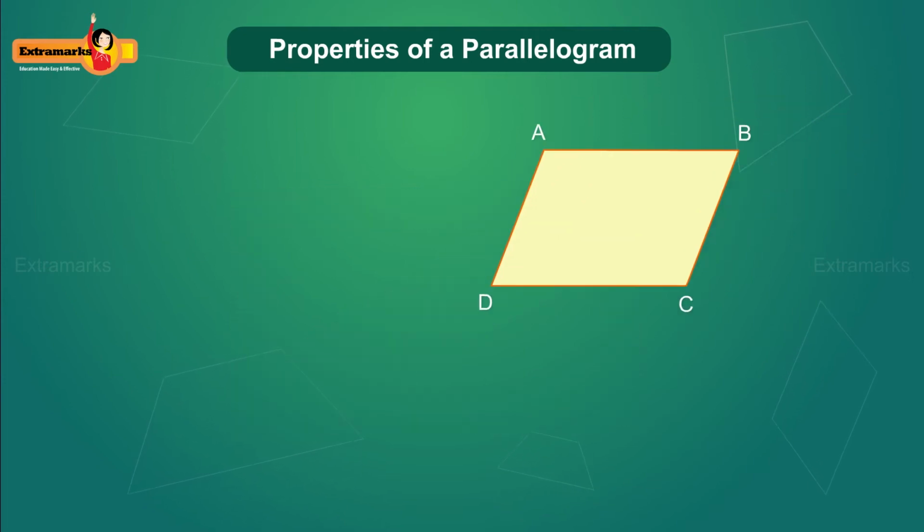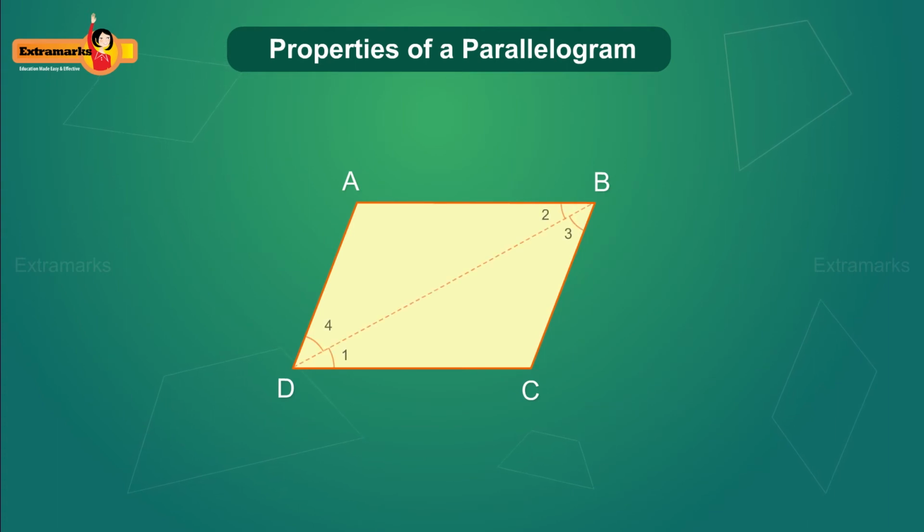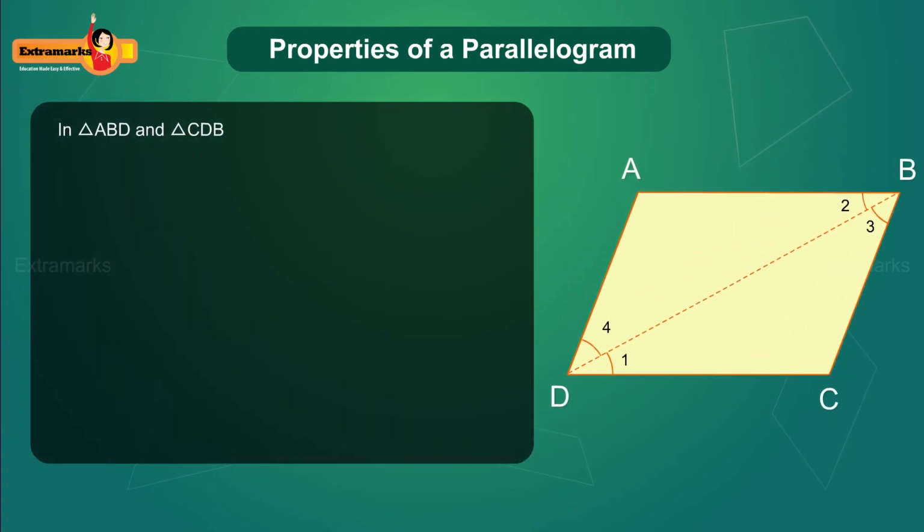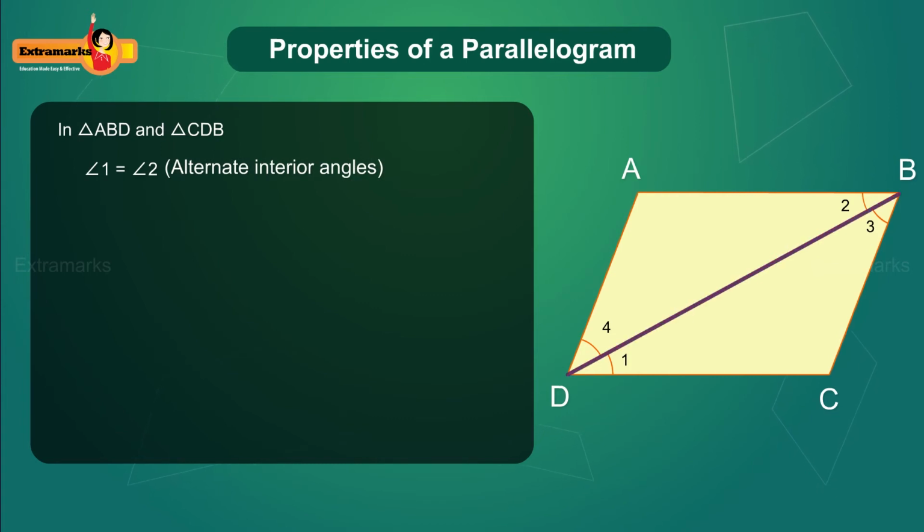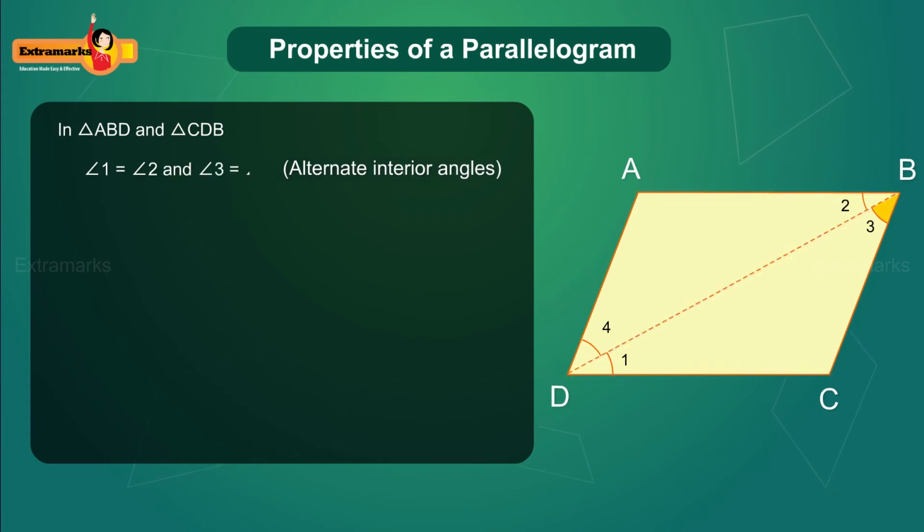To strengthen this idea, we consider a parallelogram ABCD as shown here. Observe that in triangles ABD and CDB, angle 1 is equal to angle 2, because these are alternate interior angles formed by the diagonal BD as transversal with the parallel lines AB and DC. Similarly, angle 3 is equal to angle 4. Also, BD is common to both the triangles.